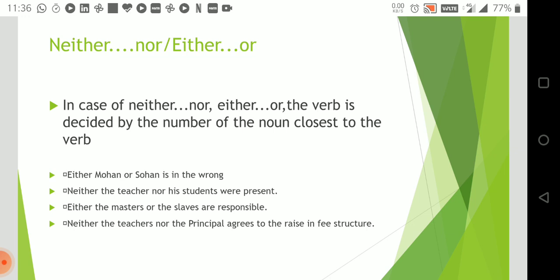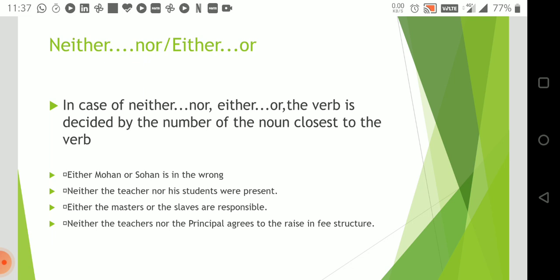Here, the noun teacher comes after neither, which is singular, and students, plural, comes after nor. Since a plural noun is placed after nor, the verb that follows will be plural.